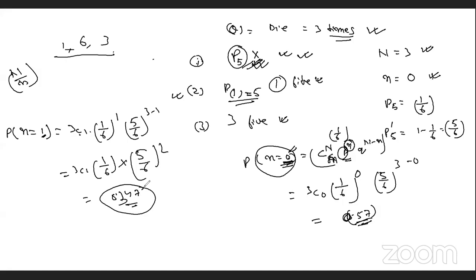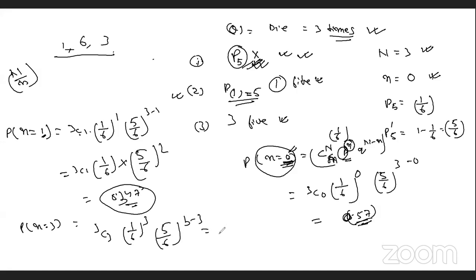Now, if I try to find the third one, again it's very easy. The only value which is going to change is n, which is equal to 3. So what is the probability that I will get 5 in all 3 experiments, or all the 3 trials which I'm going to perform? It's nothing but 3C3 into 1 by 6 to the power of the number of successes I'm going to get, into (5 by 6) to the power 3 minus 3.